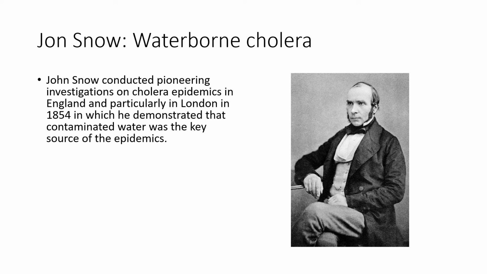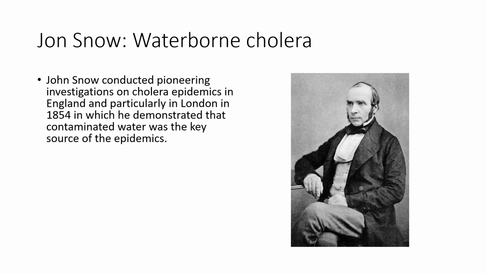The next pioneer who actually helped us understand that chlorination of water was a good idea was John Snow. Though he did not directly study or work on the chlorination of water, John Snow was an eminent epidemiologist who noticed that during the cholera outbreak in London, in the Soho district, people who got water from a particular hand pump had a higher tendency to fall sick because of cholera than people who lived further away from that hand pump.